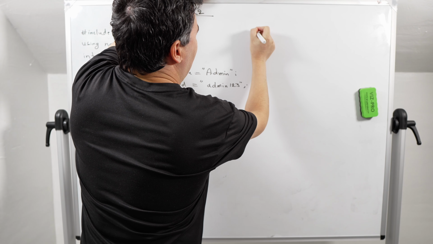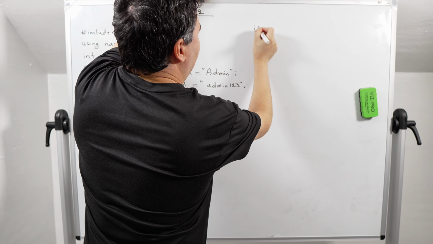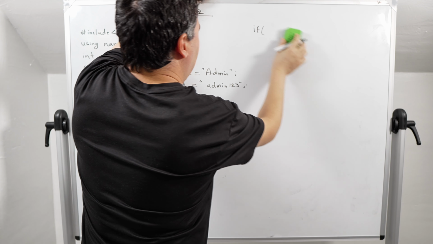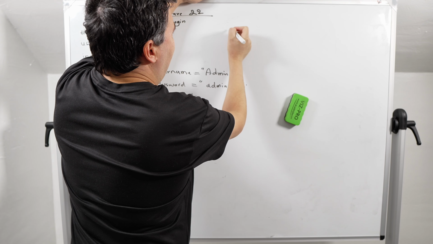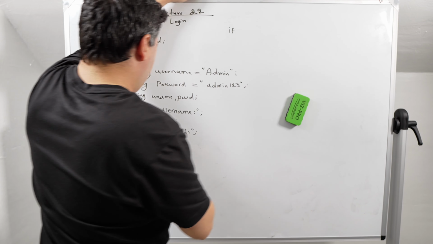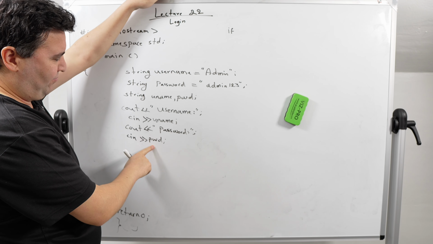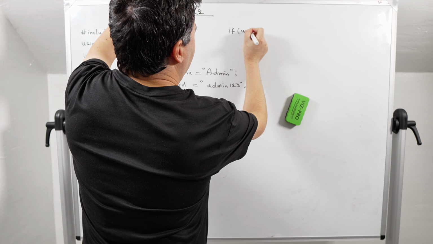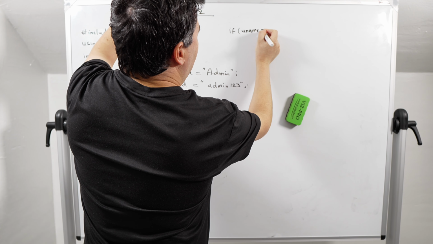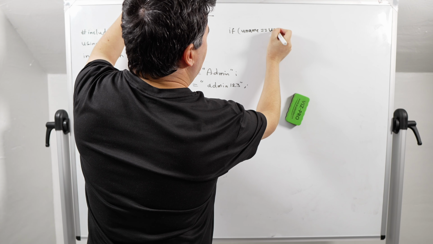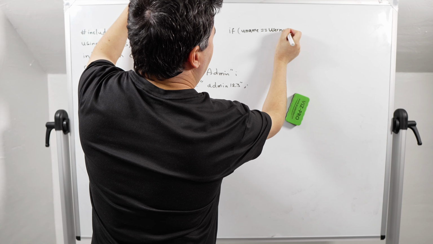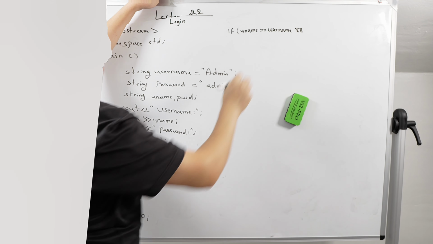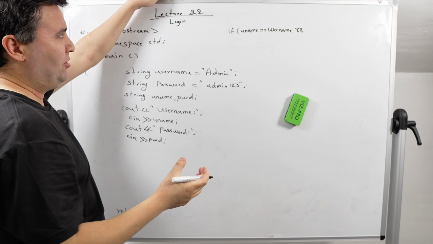I say if the uname is equal to the username which we have in the system, and we have to put the AND logical operator because we have multiple conditions.